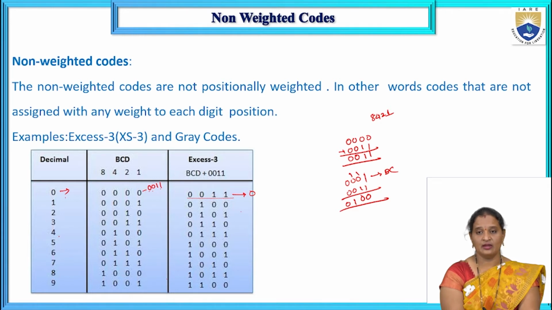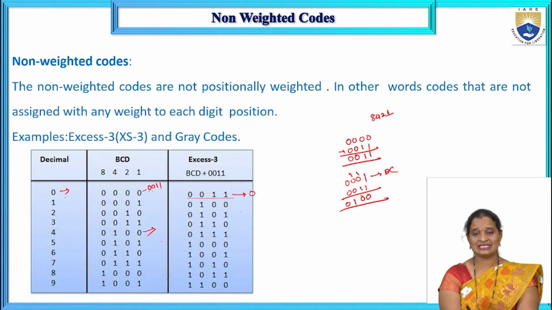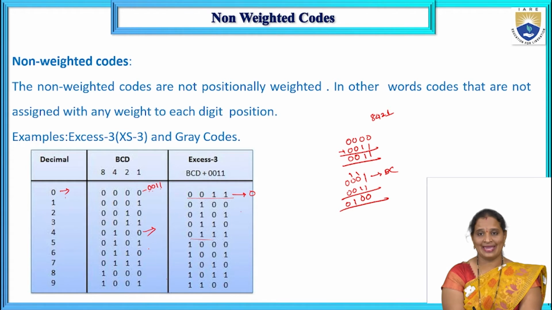Next, 0100, 4 is the decimal digit and its BCD code. 4 plus 3 is 7. So 7 is represented in binary as 0111. And next, 5 plus 3 is 8. 8 is represented as 1000. 6 plus 3 is 9. 9 is represented as 1001. 7 plus 3 is 10. 10 in binary is represented as 1010. 8 plus 3 is 11.